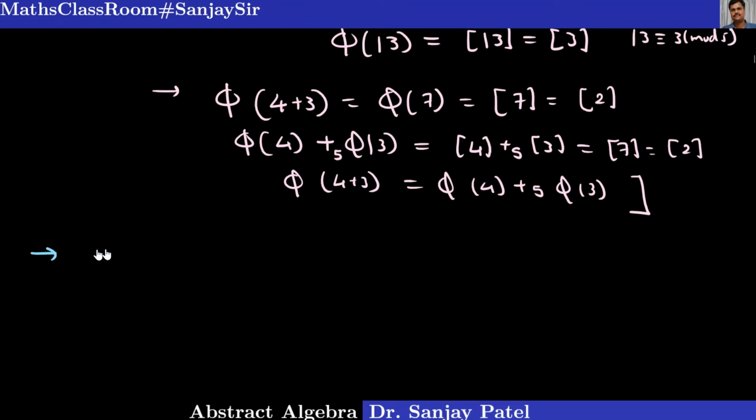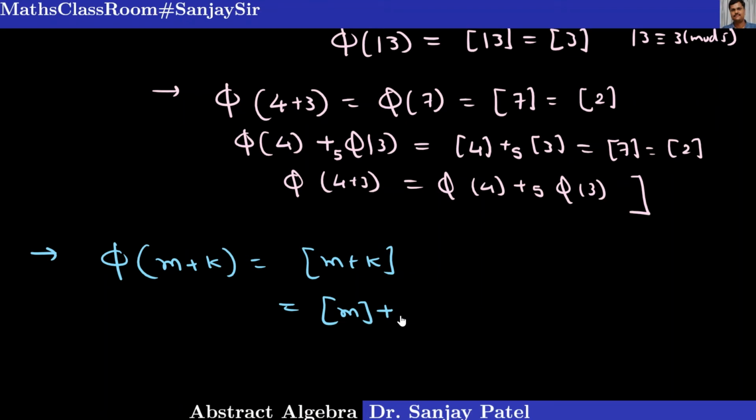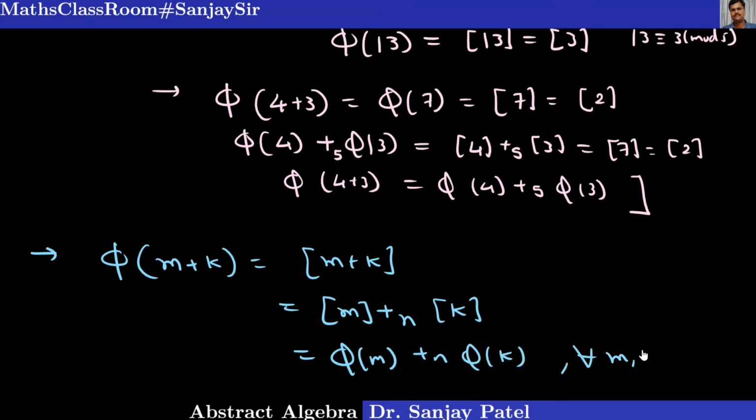So the first condition I want to prove is phi of m plus k is equal to the equivalence class of m plus k, which we can write as class m plus n class k by taking the modulo n operation. This is the same as phi of m plus n phi of k, and this is true for every m and k belonging to the domain ring, which is Z.